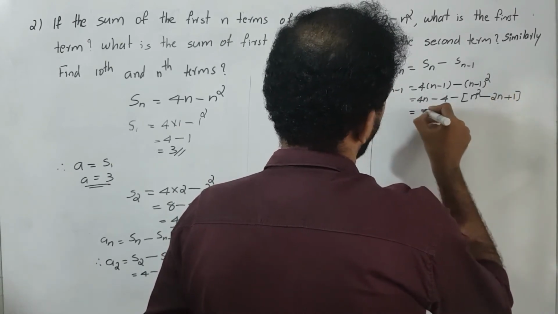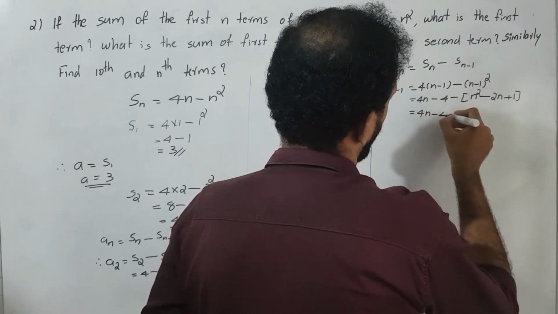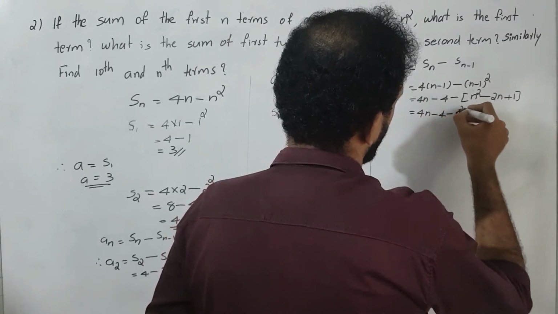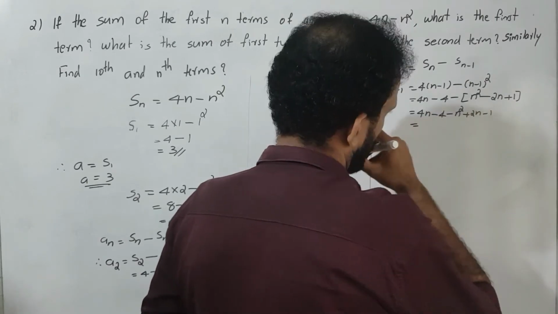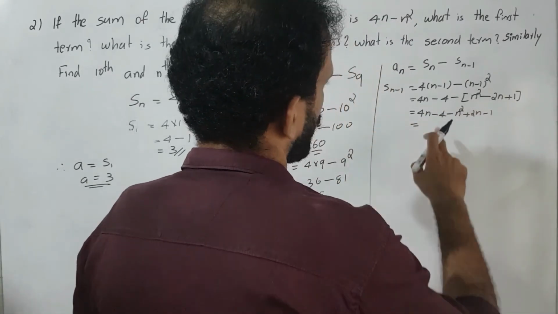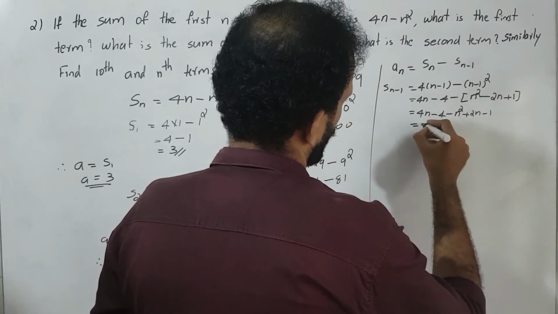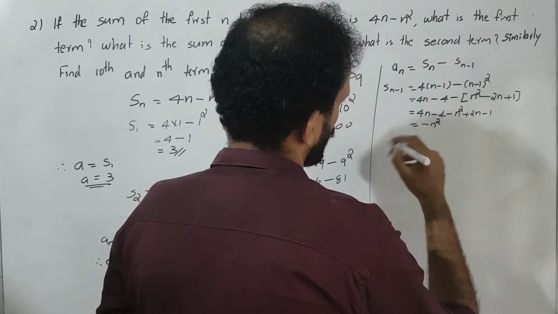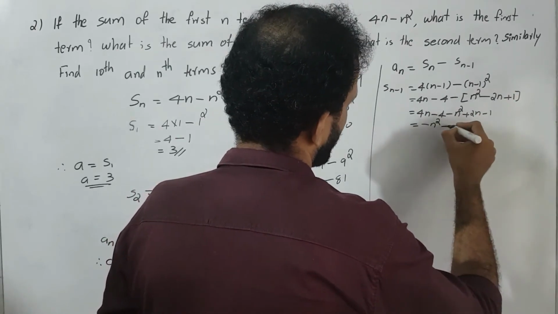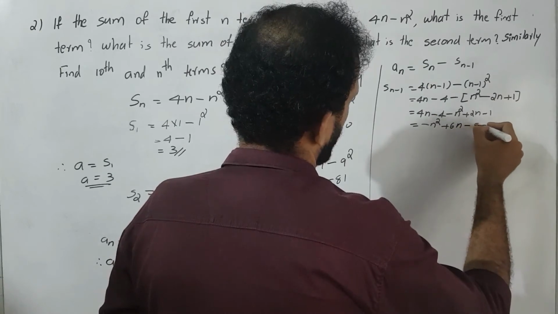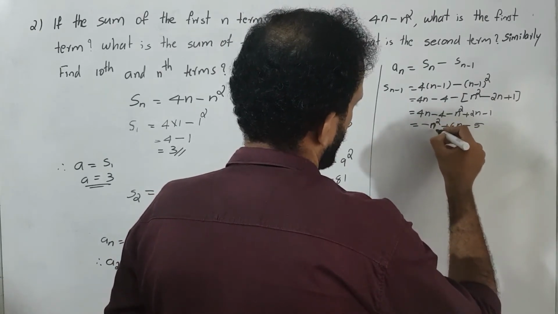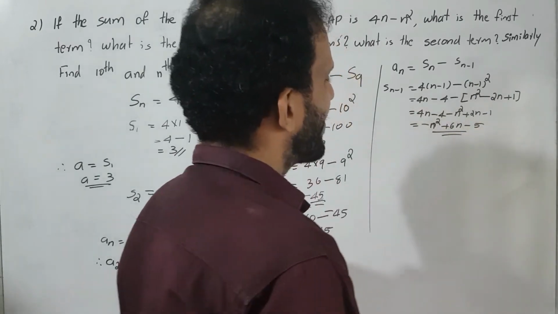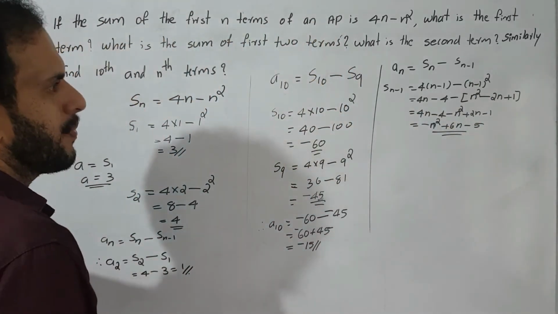Then it is equal to 4n minus 4 minus n square plus 2n minus 1, which is equal to minus n square, 4n plus 2n is plus 6n. So we keep the same, we are not changing the sign. Minus n square plus 6n minus 5 is Sn minus 1.